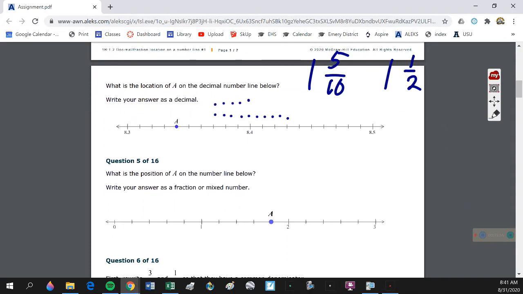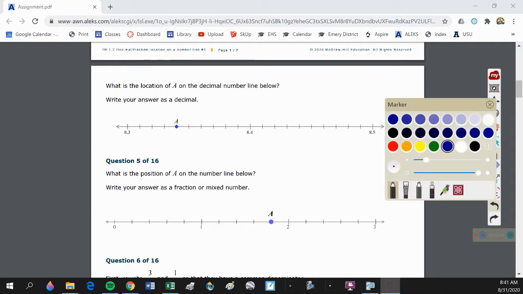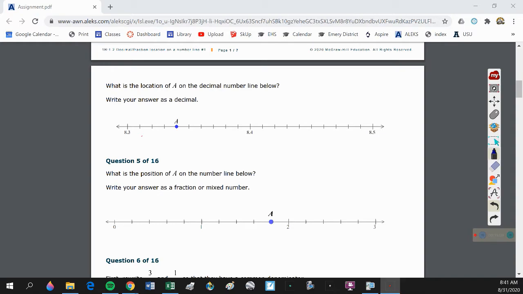All right. Write your answer as a decimal. So because this is a decimal, we have 1, 2, 3, 4, 5, 6, 7, 8, 9, 10 spaces.